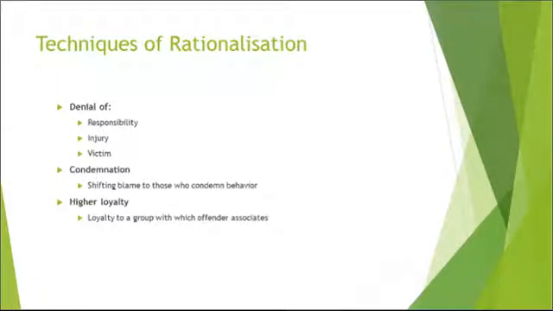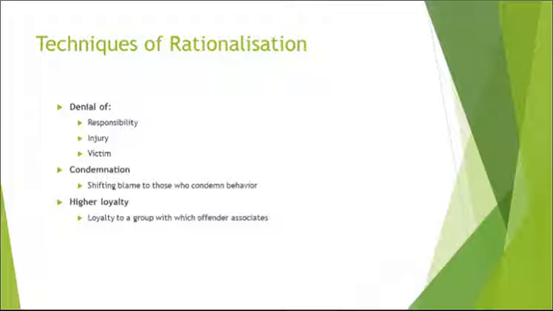The techniques of realization by offenders include denial, condemnation, and hierarchy. First we'll talk about denial. There are three common denial techniques. Denial of responsibility: when offenders deny responsibility, they view their behavior as a result of circumstances that they cannot control.